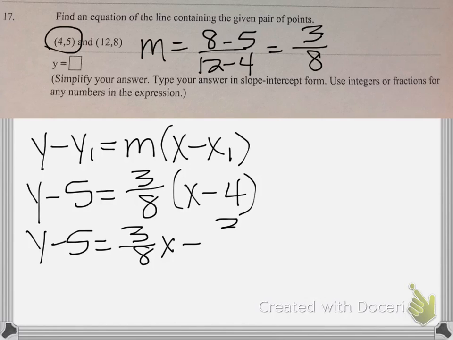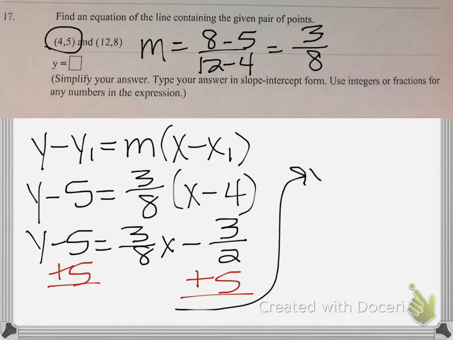You're right, 3 halves. And then I have to do what? Add 5 to both sides. Add it here. And add it here. And that's going to give me positive 7 halves. Y equals 3/8 x plus 7 halves. And that is correct.